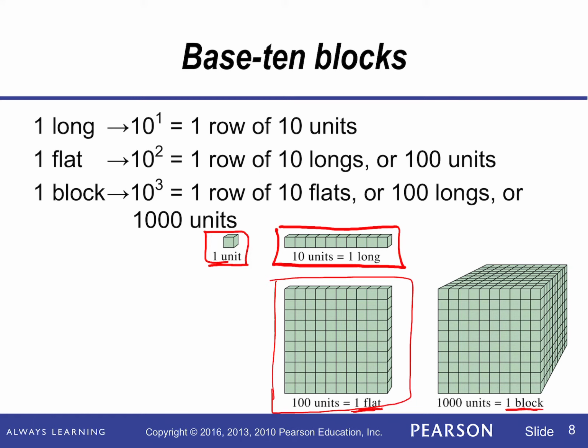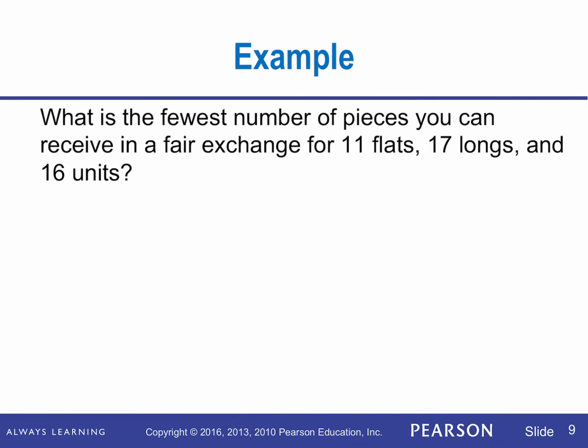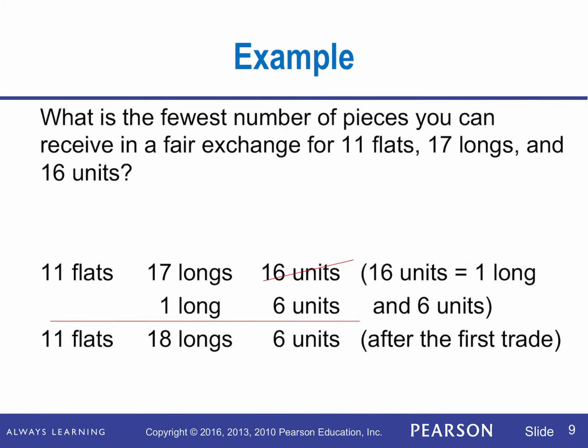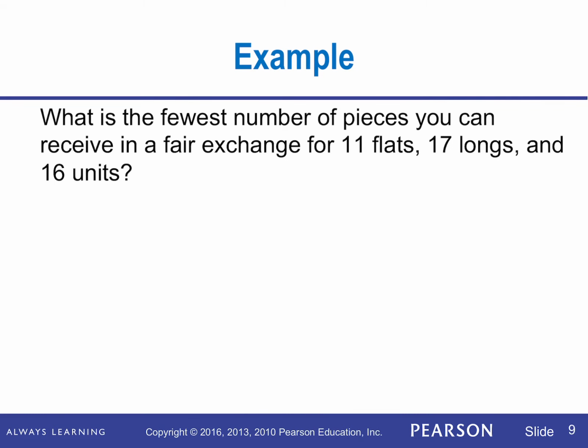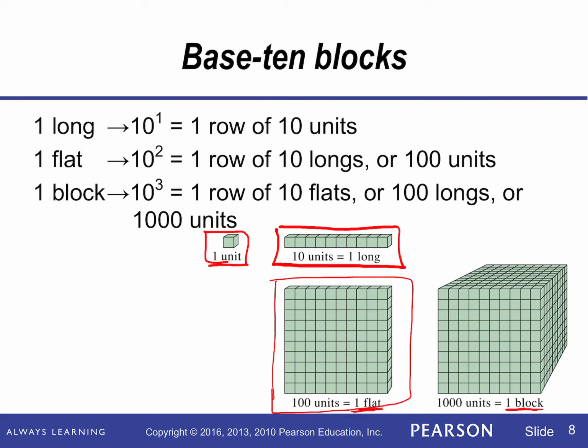All right, so I want to use those to represent numbers. Let's look at an example. I want to know what's the fewest number of pieces I can receive in fair exchange for 11 flats, 17 longs, and 16 units. So I'm going to start by writing out what I have. And remember, anytime I get 10 of a smaller building block, say 10 units, I can glue those together to build a single long.